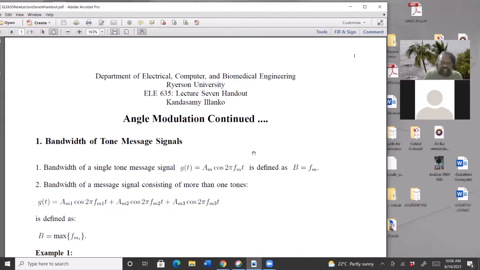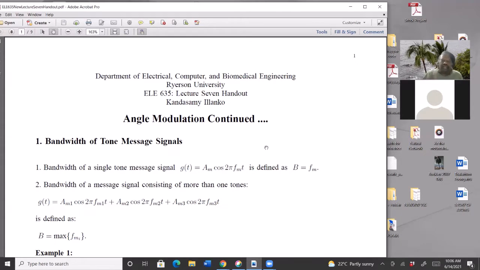But I have to tell you certain things. For example, one of the first things is, later on when we calculate the bandwidth of tone modulated frequency modulated signals, we need to know the bandwidth of a single tone.